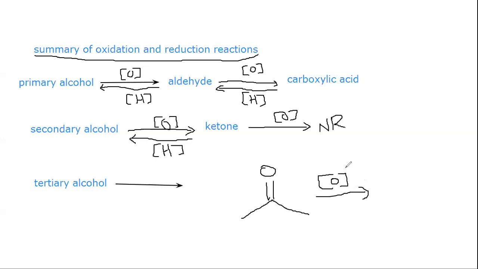Now let's analyze this. Clearly they are saying oxidation. And I'm looking at this ketone. How do I know this is a ketone? C double bond O. So immediately I'm thinking ketone on oxidation, there is no reaction.